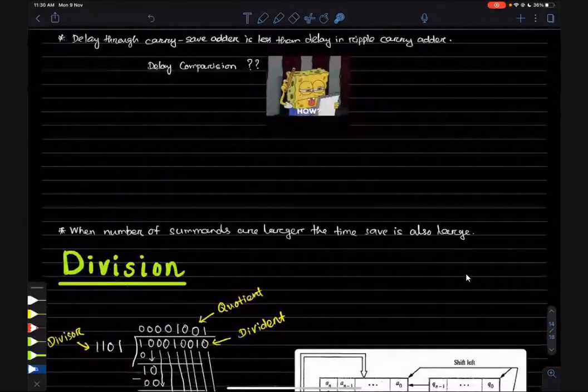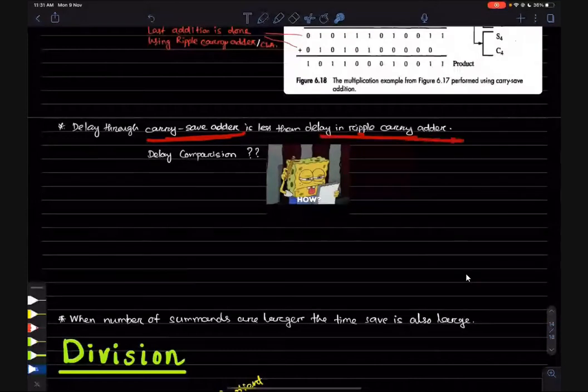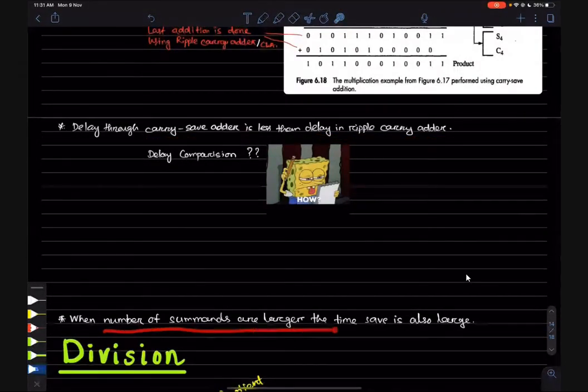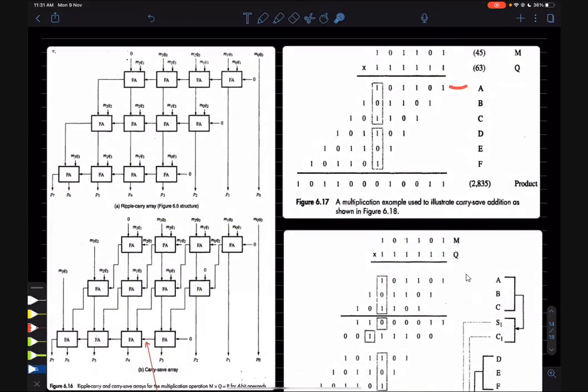The delay gap between the carry save adder and the ripple carry adder will increase when the number of summands is larger, so the time saving is also large. In this case we have only 6 additions, and you can see the delay is reduced to around half.